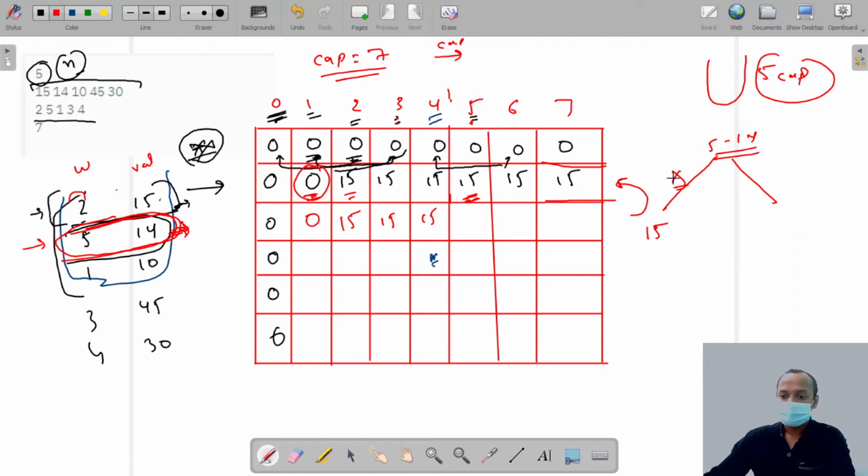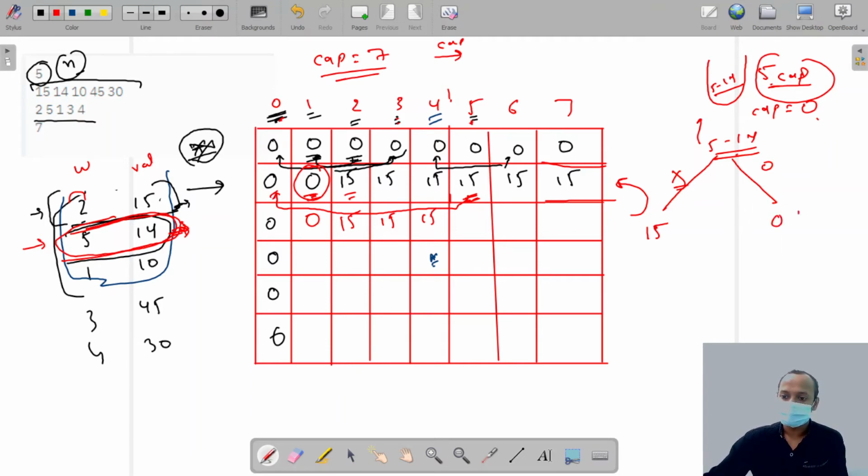Okay, now if we put this item in the bag, the capacity is 5 minus 5, which is 0. Now the capacity of the bag is 0, and we get 0 at 0.